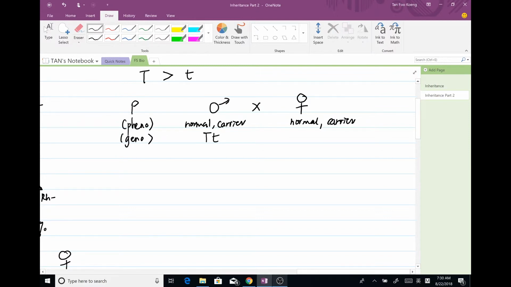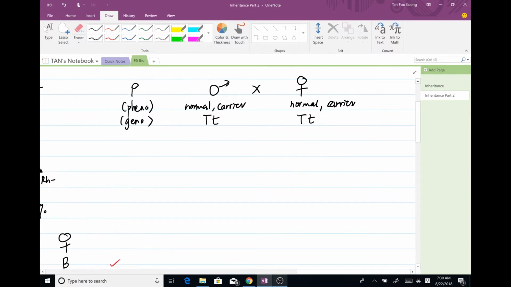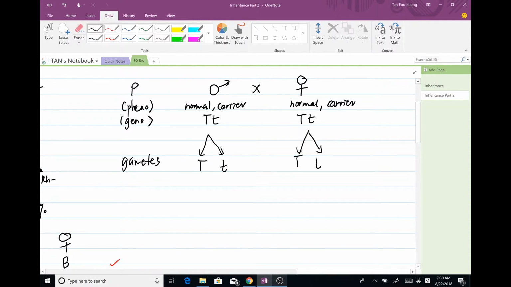He is normal because he has this dominant allele. The mother has also big T and small t. During formation of gametes, this pair of alleles must separate. Normally we prefer to put a circle around the gamete to show that they are gametes, but it is perfectly okay if you don't circle it.